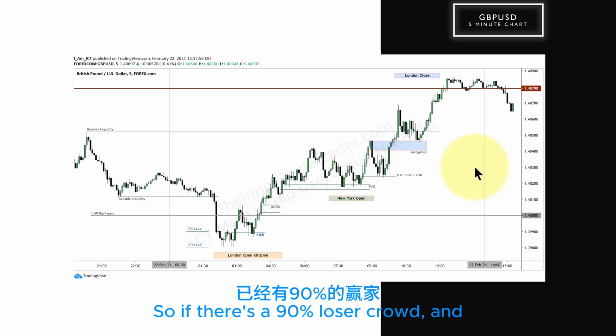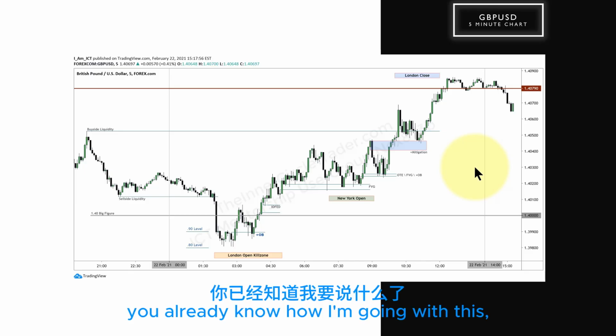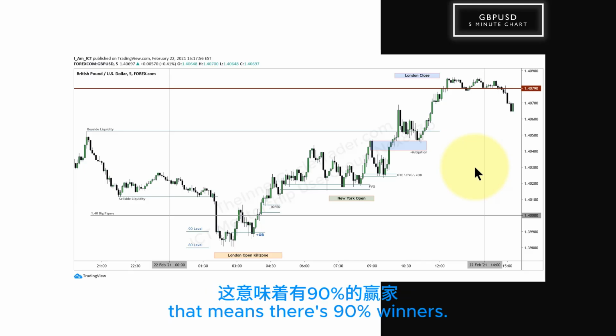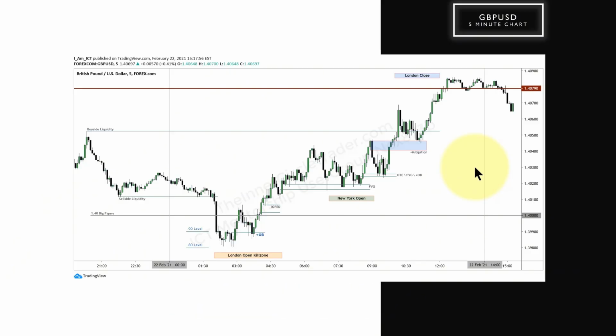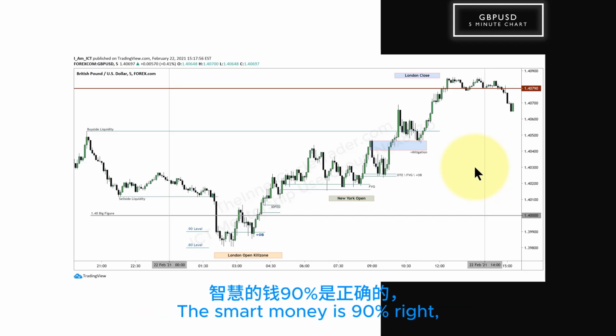So if there's a 90% loser crowd and it's a net sum zero game, that means for those 90% of losers, you already know where I'm going with this, that means there's 90% winners. What? Yeah. That's the default nature of this business. The smart money is 90% right.